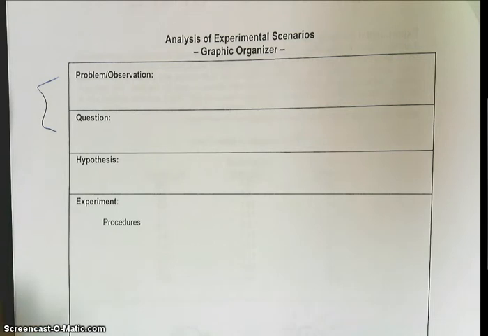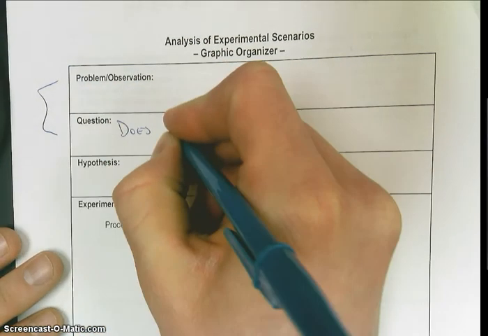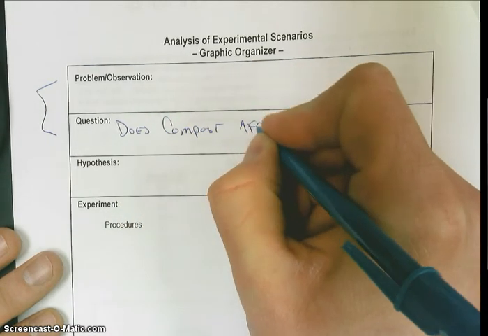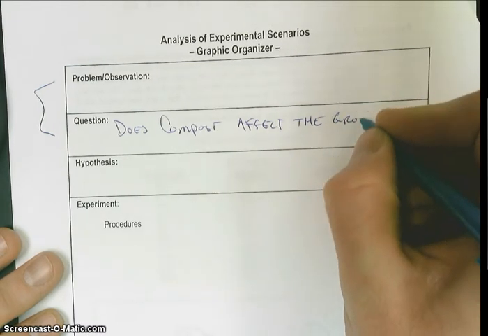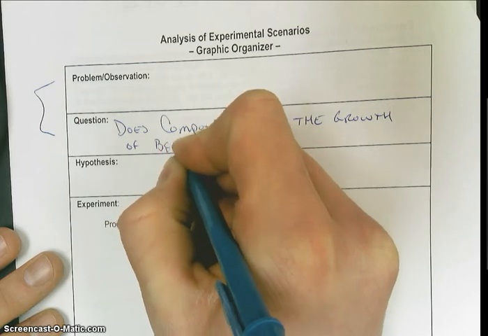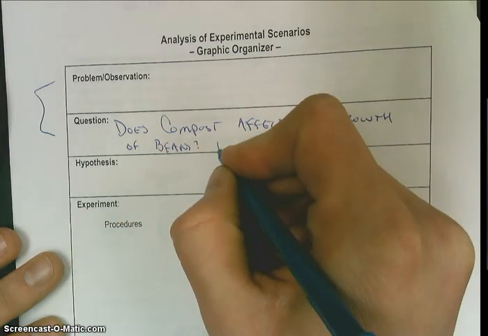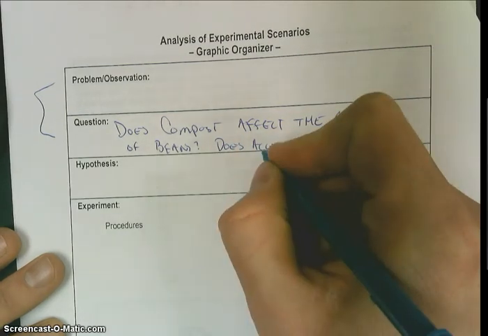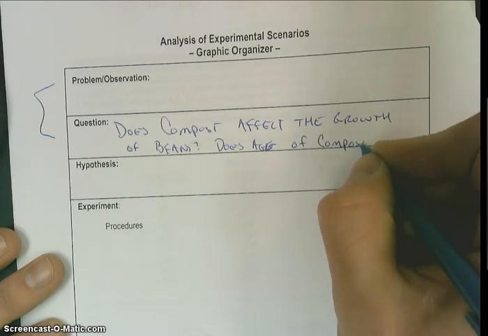The question we're answering and the problem we're looking at is, does compost affect the growth of beans? Also within that, does age of compost matter?